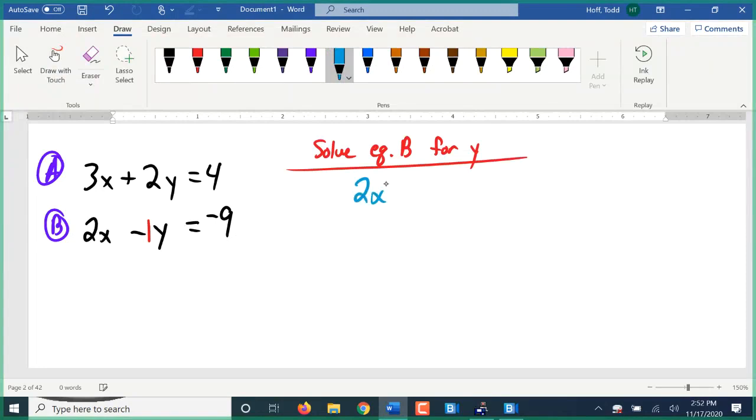So 2x minus, we're going to put in the negative 1 there, minus 1y equals negative 9. We're going to solve by subtracting 2x. So the 2x is gone on the left side. Negative 1y is all that's left on the left. Negative 9 minus 2x is just that, negative 9 minus 2x.